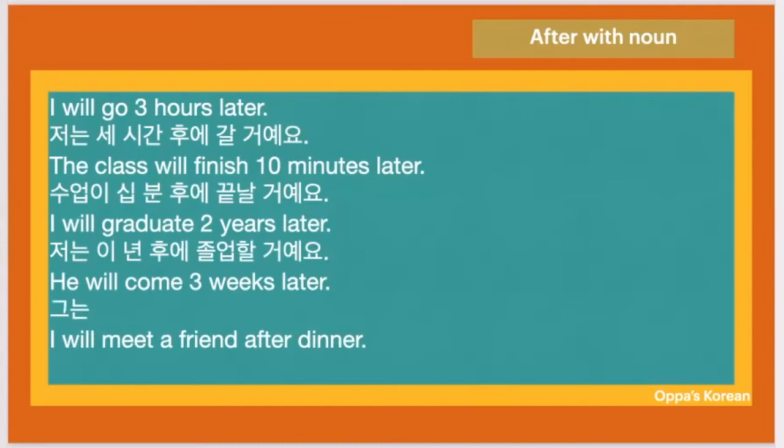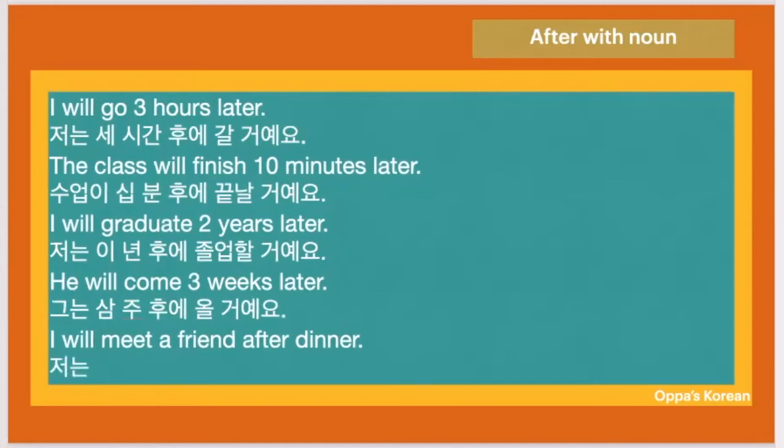He will come 3 weeks later. 그는 3 weeks, 3주, a noun plus later, so 3주 후에. To come is 오다, but future tense, 올 거예요. I will meet a friend after dinner. 저는 dinner is 저녁 식사.